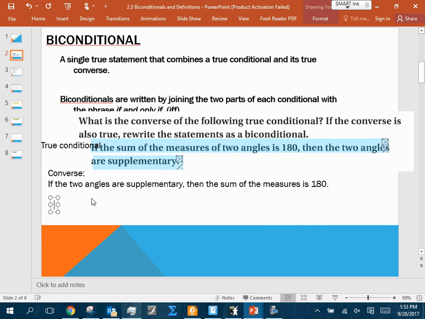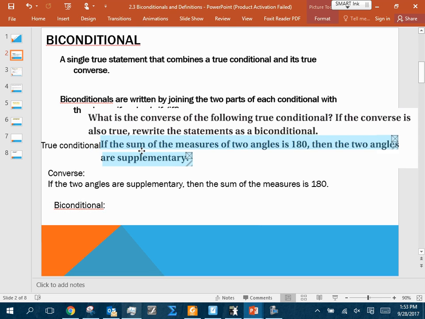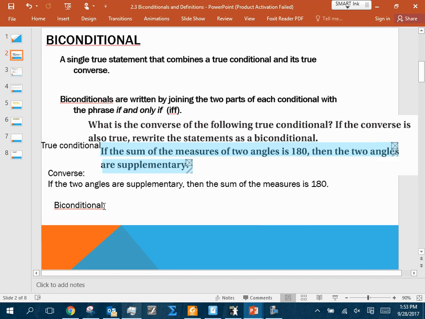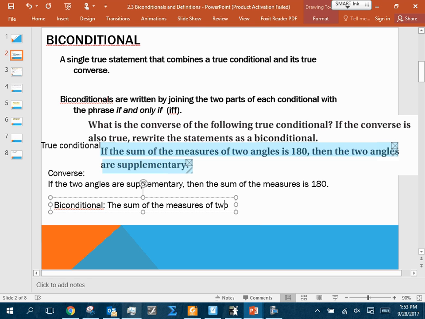I'm going to first take out the word if. So I'm not going to worry about the word if here. I'm going to get rid of that. So I'm going to write the sum of the measures of two angles is 180. Now I'm going to get rid of the word then. But in place of the word then, I'm going to write if and only if.